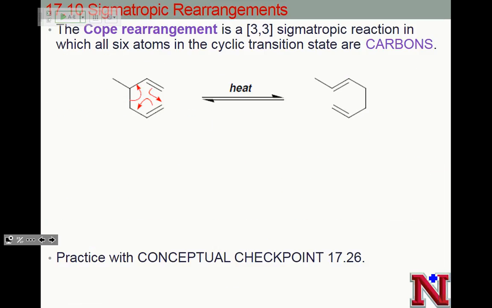So for the most common sigmatropic rearrangements, there are 2 really common ones that we're going to focus on in a little bit more detail. And those are both what we call named reactions, meaning they're named after the scientists that first published them. But they can still be named in the systematic way, which is 3,3 sigmatropic rearrangement.